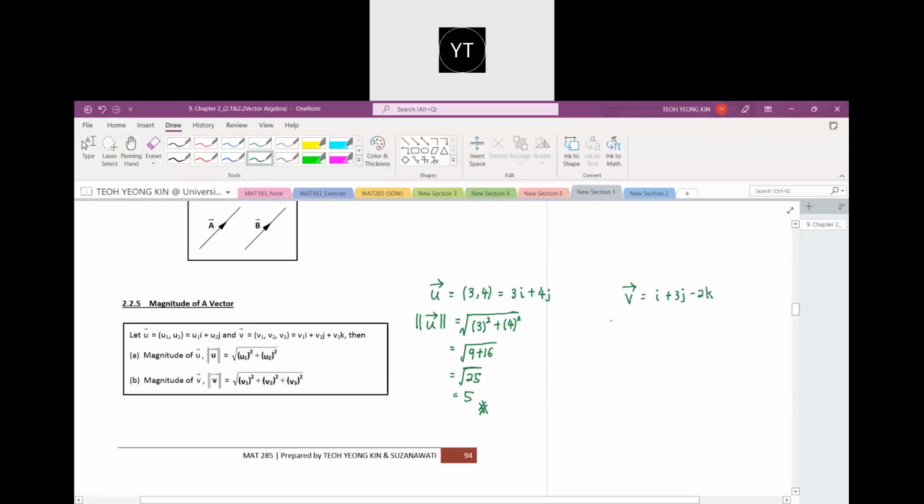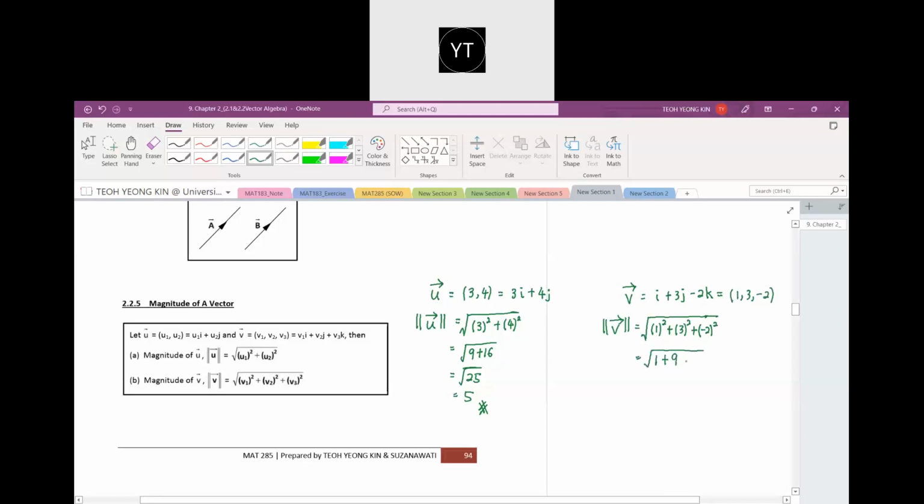So the magnitude of V is equal to the square root of, for I, the coefficient is 1, without using the I, plus 3 squared, plus negative 2 squared. I can put it in coordinates, that is 1, 3 and negative 2. So here I have the square root of 1 squared is 1, 3 squared is 9, and negative 2 squared.